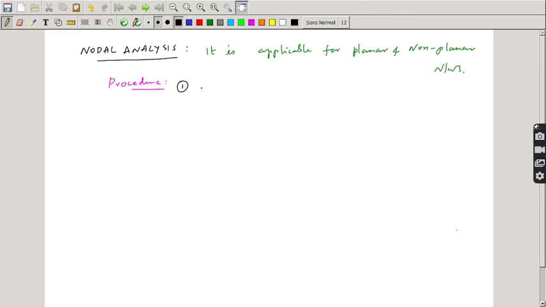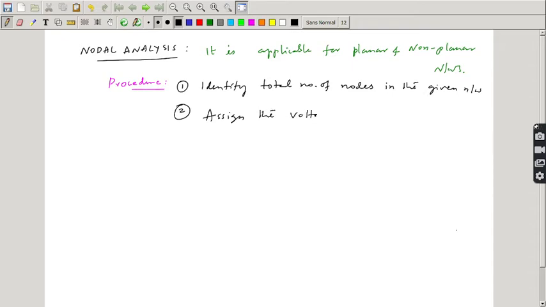First of all, identify the total number of nodes in the given network. Second point, assign the voltage at each node.